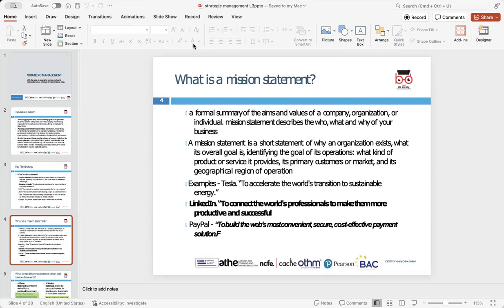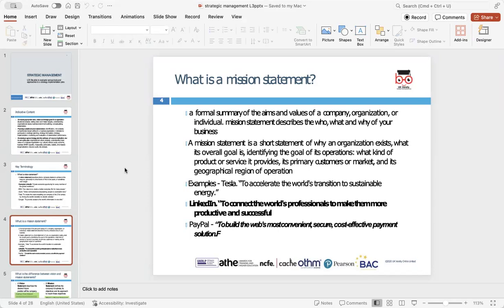Okay, no problem. So a mission statement is a brief explanation of why an organization exists and what it aims to accomplish. It is more immediate than a vision statement and focuses on the core objectives, the business approach and the value the company provides to its customers and the market.